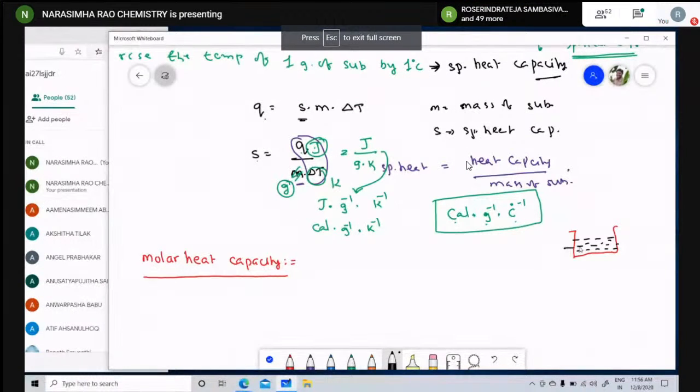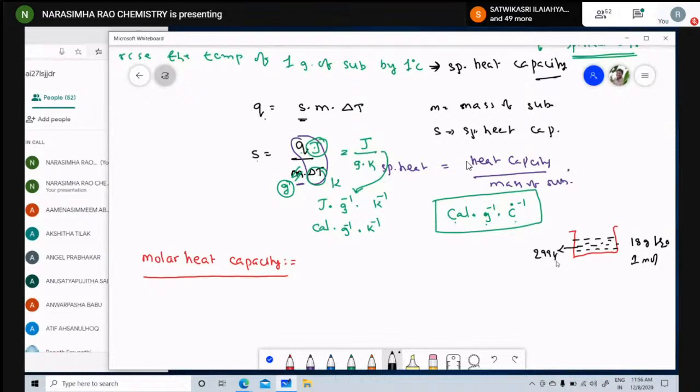Now, this is water at 299 Kelvin temperature. This is 18 grams of water, meaning 1 mole. To raise this temperature from 299 to 300 Kelvins, the difference in temperature is 1 degree C or 1 Kelvin.